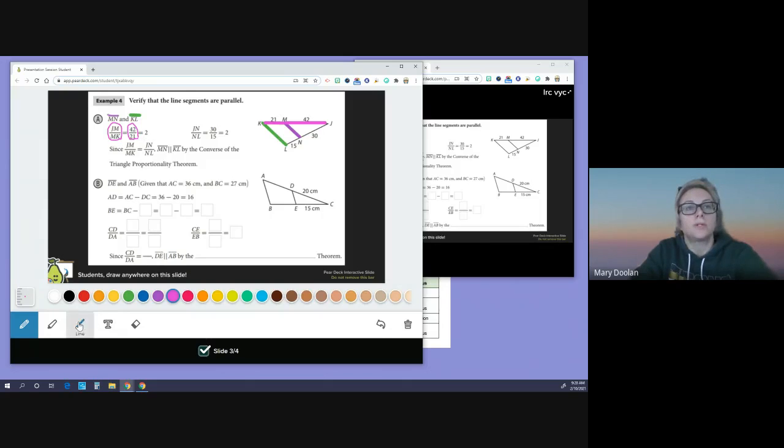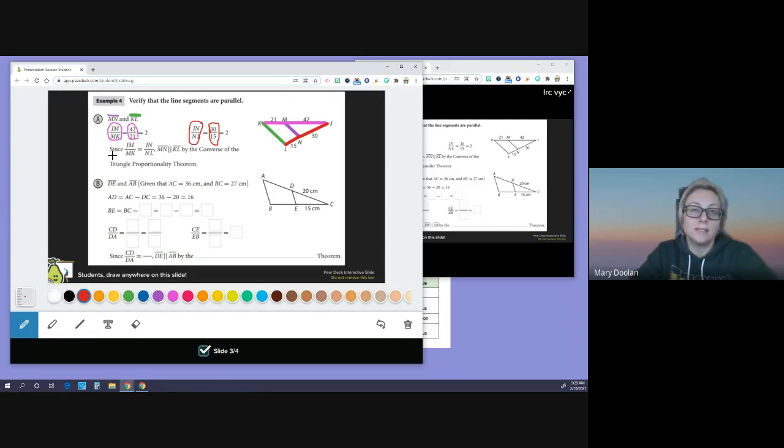And then we're going to take the other side of the triangle. We're going to look at JN, which is 30, and NL, which is 15. So here is JN divided by NL, 30 divided by 15, and again, it equals 2.